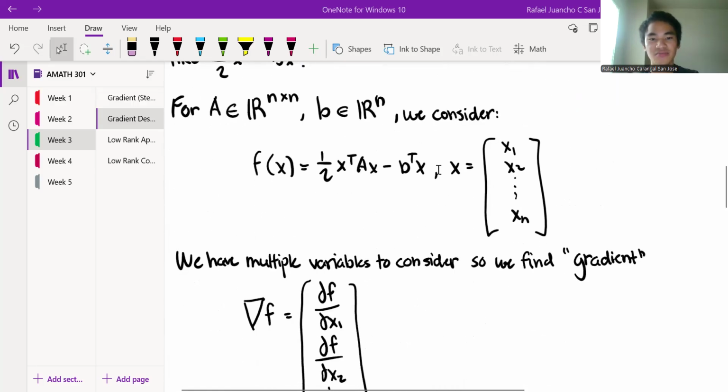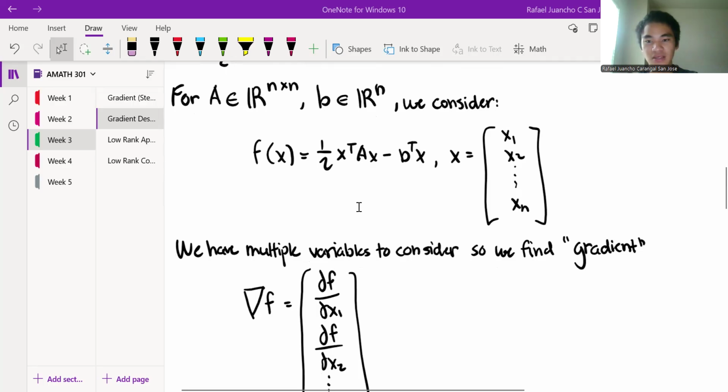But we just use this formula here, which is 1/2 x transpose times a times x minus b transpose x, given that our x has a set of coordinates from x sub 1 all the way to n.